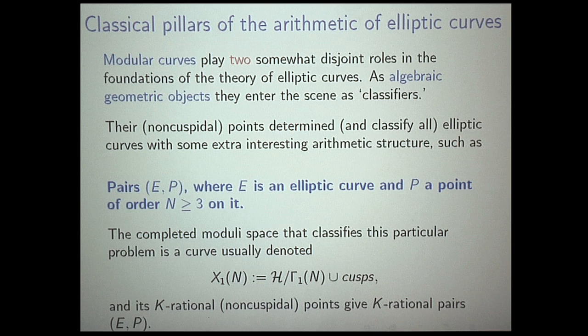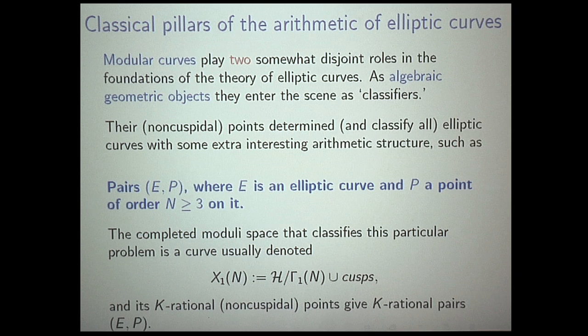And that's a moduli problem, and the completed moduli space that classifies this is usually called X1(n). It's given as a quotient of the upper half plane by a subgroup of SL2(Z), which I will write, called Gamma1(n), and completed by the adjunction of a finite set of points called cusps.